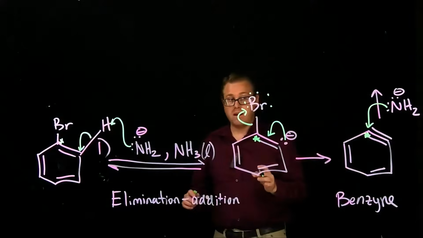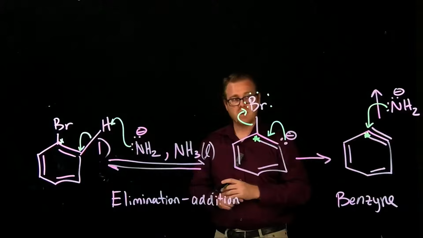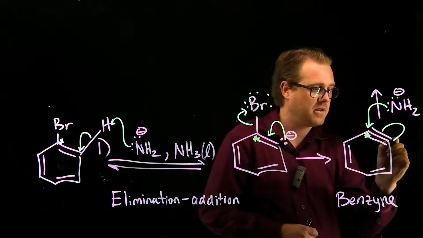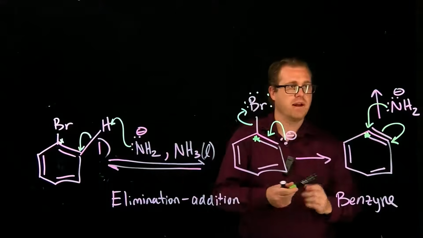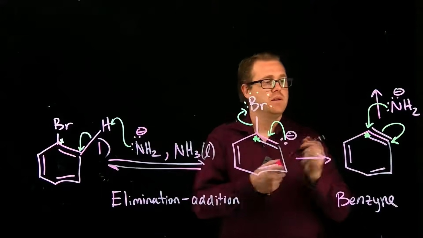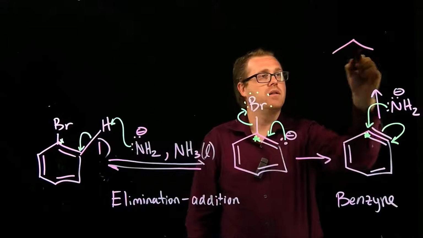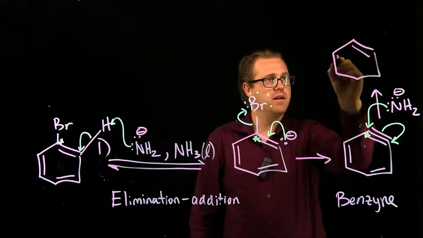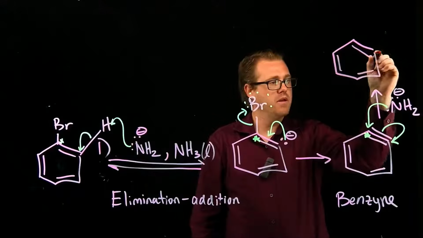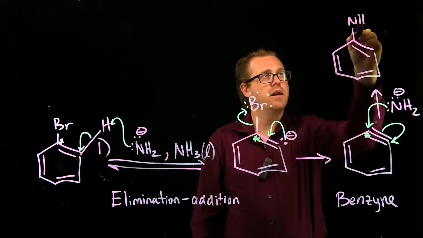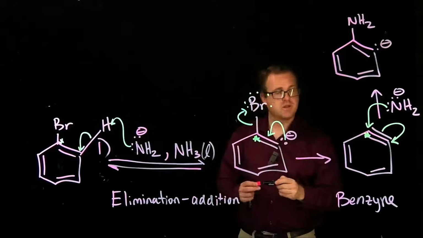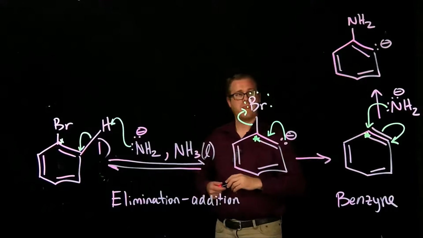So now that's going to form a carbanion if we don't move some electrons. So we've got to put the electrons back right there. So then we have, let's see, double bond there, there, there. We have our NH2 there, and negatively charged right there.